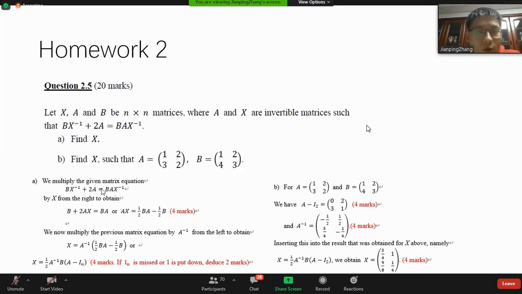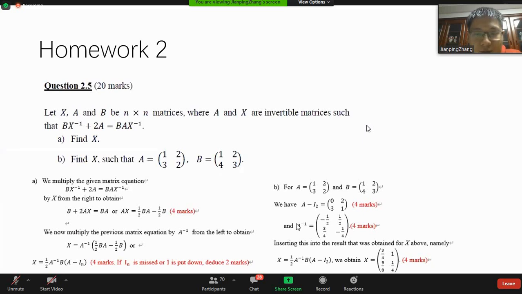So we just follow the steps here to get the result, and pay attention to the last row. Here is still an identity matrix. And in part B, you just use A and B to calculate the x.